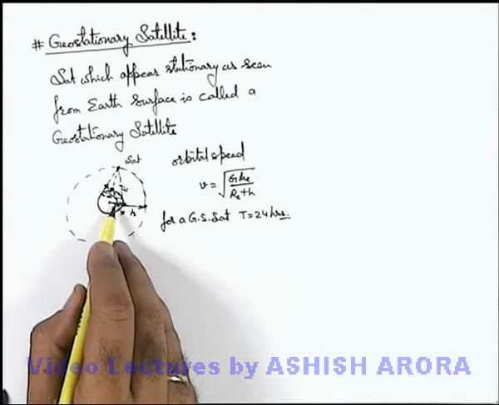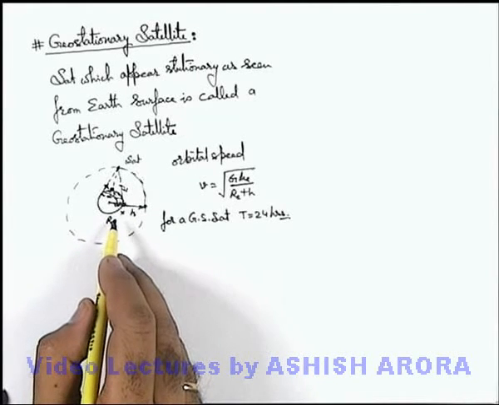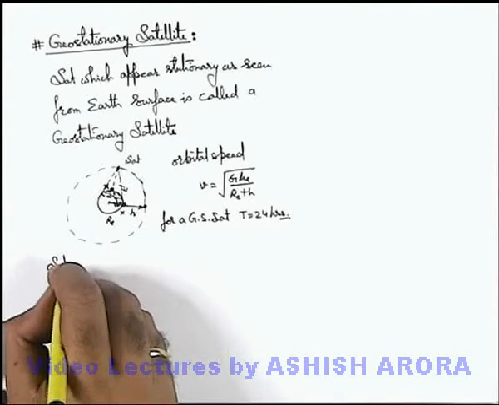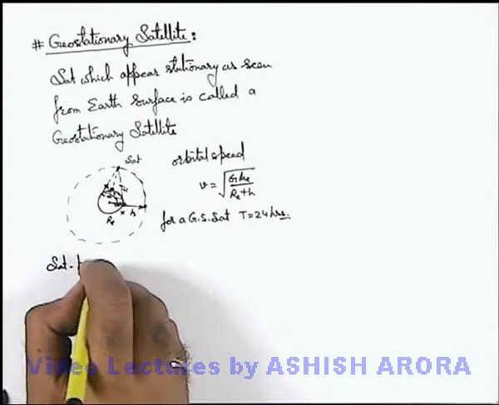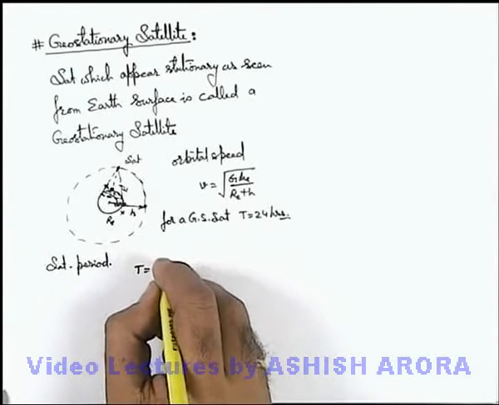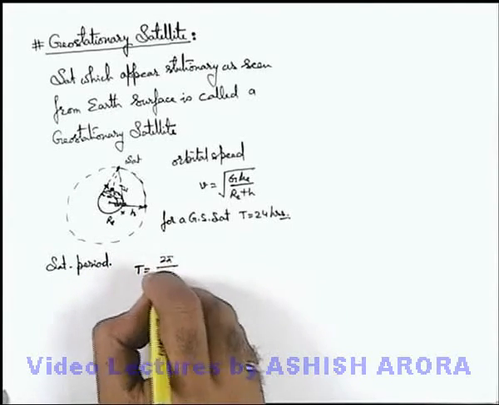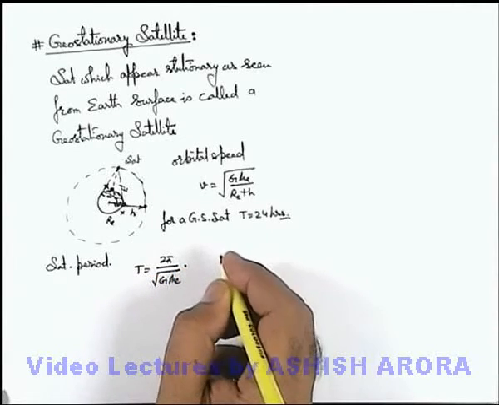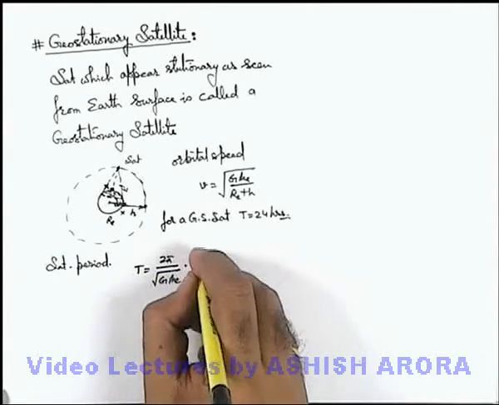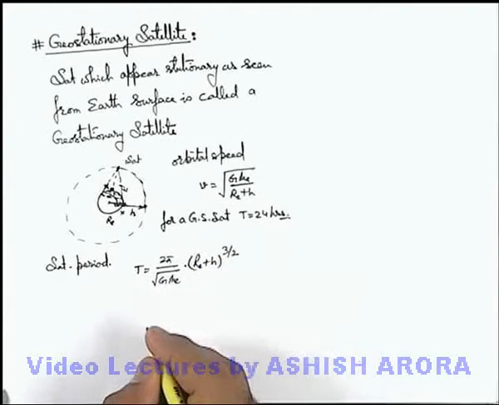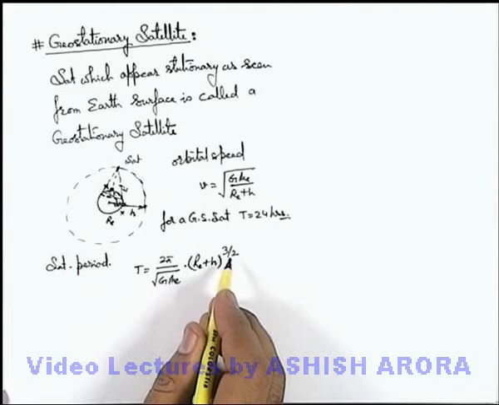We know the satellite period is T equals 2 pi over root of GME multiplied by the orbital radius to the power 3 by 2. Here it is RE plus h, so it is (RE plus h) to the power 3 by 2.